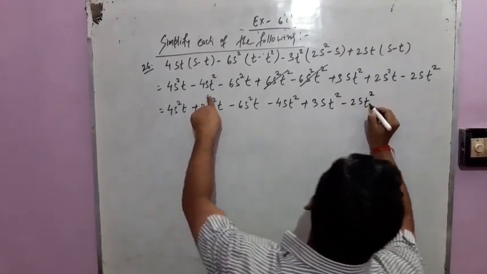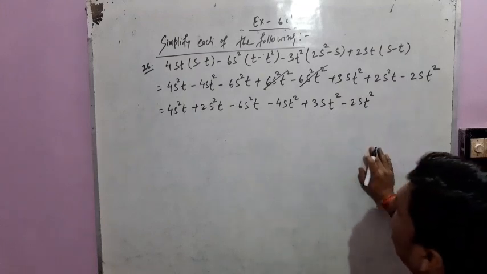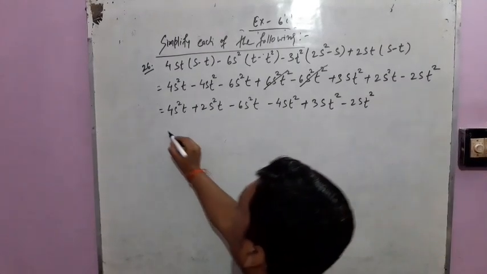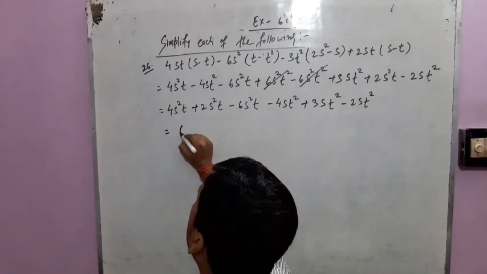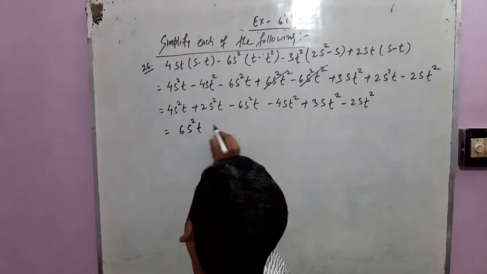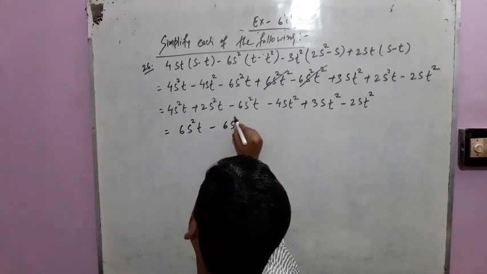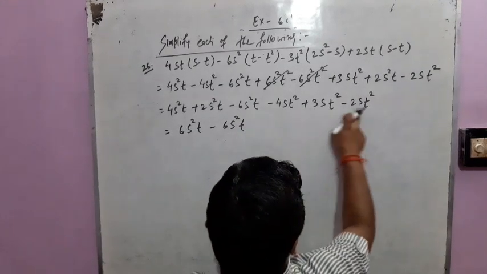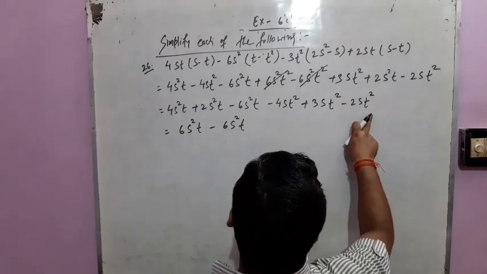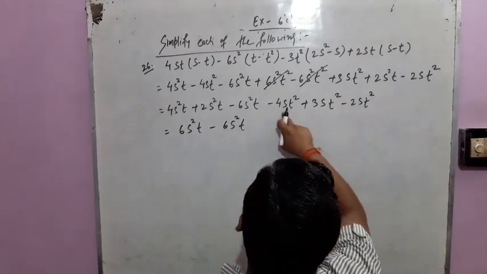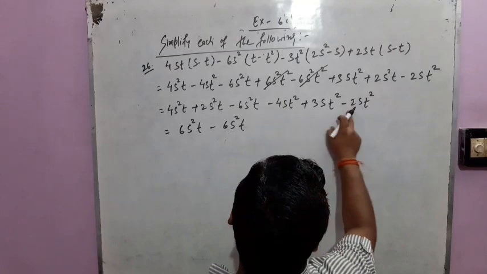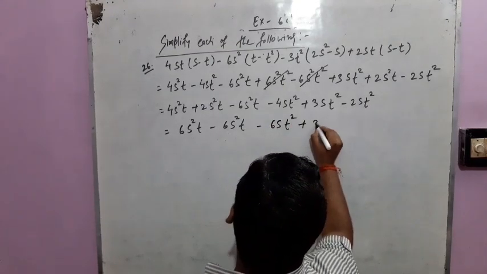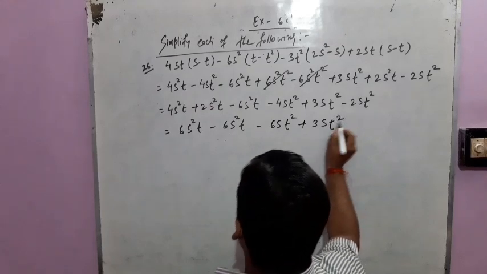Okay students, any confusion? Continuing here, 4 and 2, 6s square t, and here minus 6s square t. Now these all three are same terms, but these two are in negative terms, so we have to add here, and minus 4 and minus 2 become minus 6s t square and plus 3s t square.